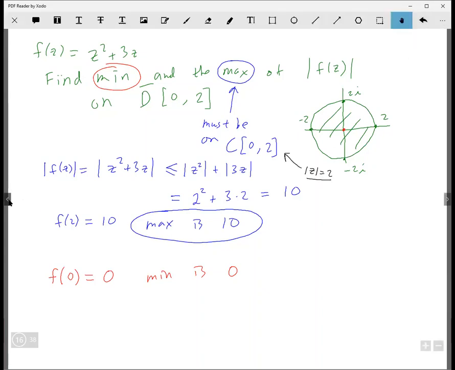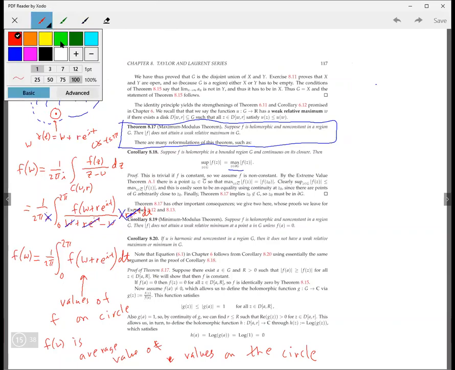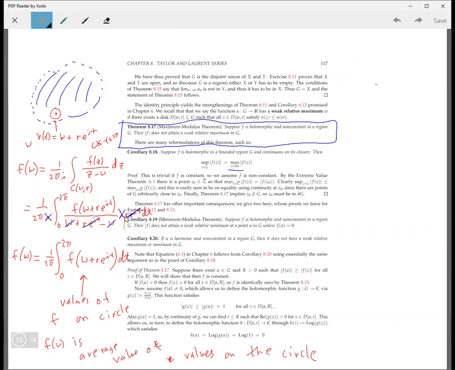Okay, now, there is a minimum modulus principle right here, Corollary 8.19.